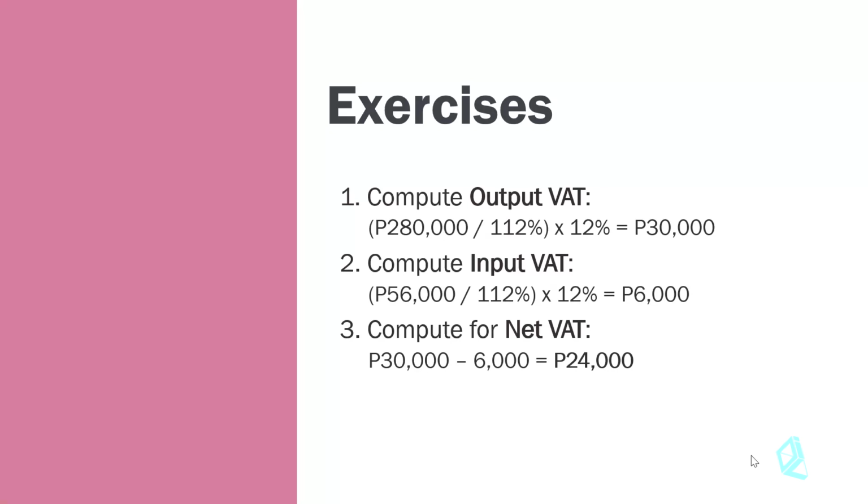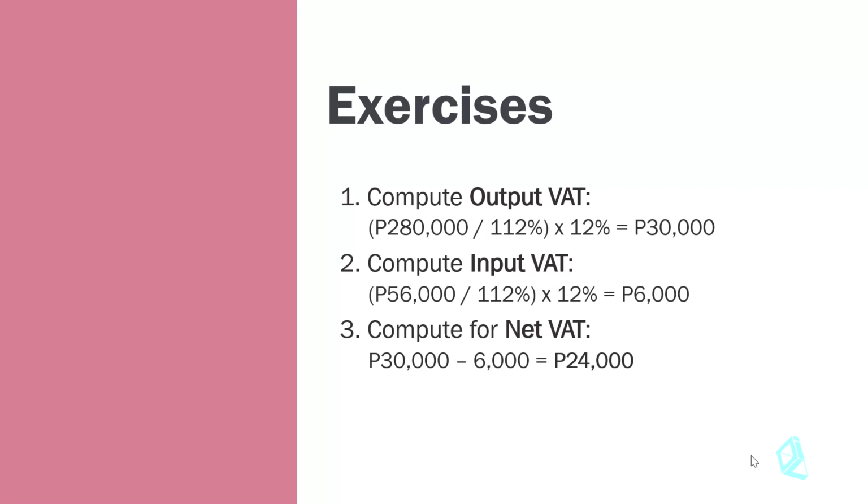And in order to get back that 100% or the base amount, which you will be multiplying by 12%, you have to divide 112 by 1.12 in order to get 100 pesos. And you simply multiply 100 pesos by 12% to get the 12 peso output VAT.